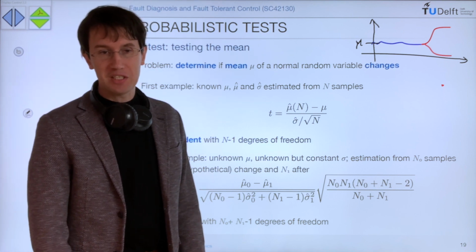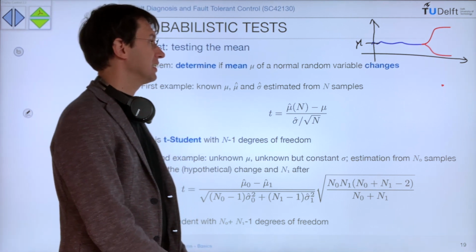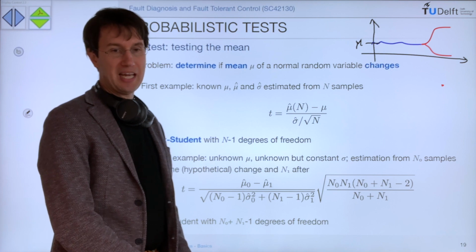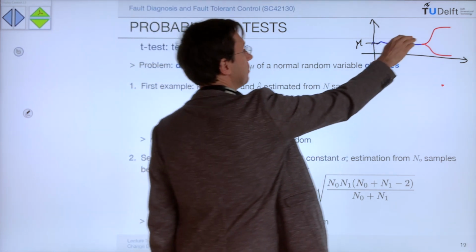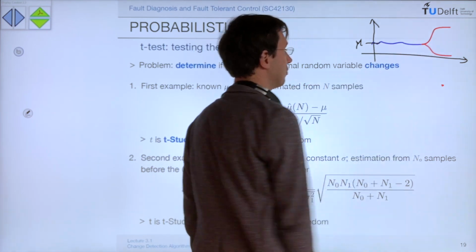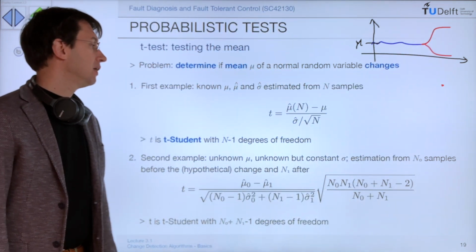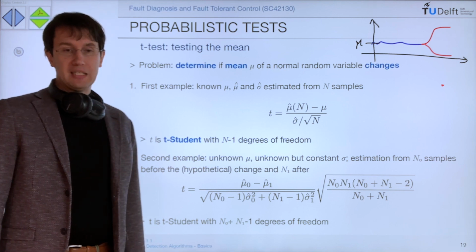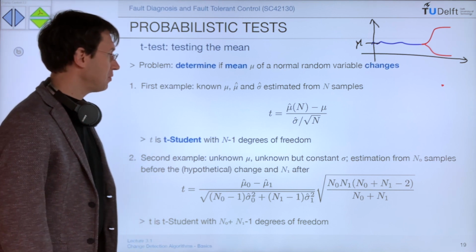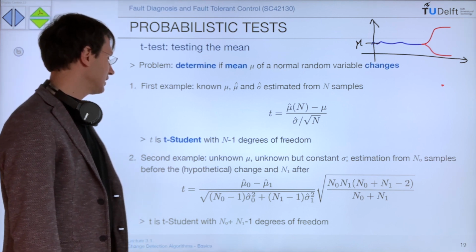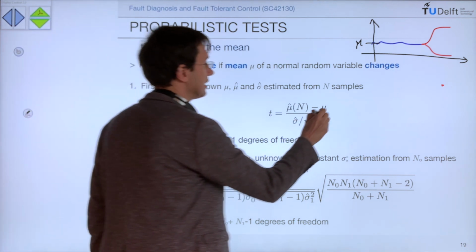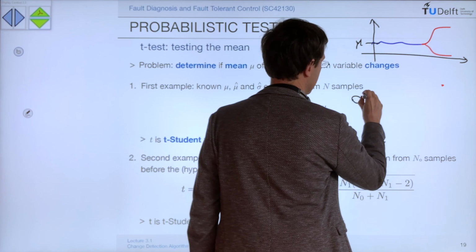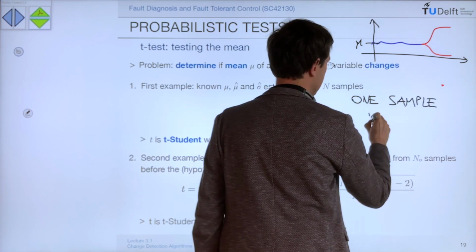So as you can imagine, this kind of test is a two-tailed test, because unlikely values are either bigger than mu or smaller than mu. One way to do that is actually to implement what is called the t-student test, and in particular the one sample t-test.